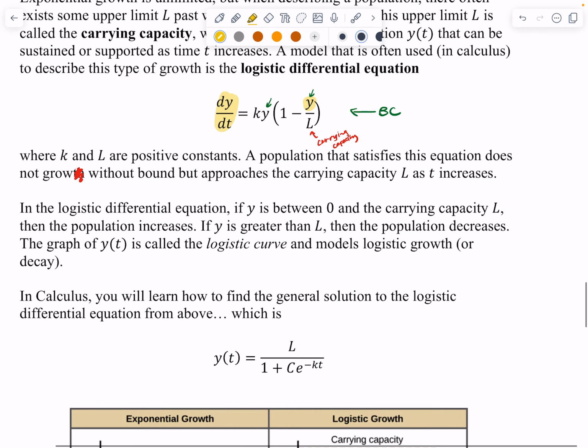So in the logistic differential equation, if y is between 0 and the carrying capacity, then the population is increasing as time is passing. If the population is greater than the carrying capacity, then the population ends up decreasing. And I gave in class the example of, let's say there's this island and 2 bunnies are dropped onto this island that we believe has enough resources for 20 bunnies.